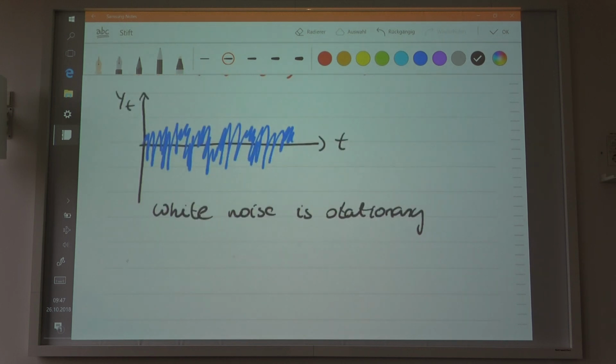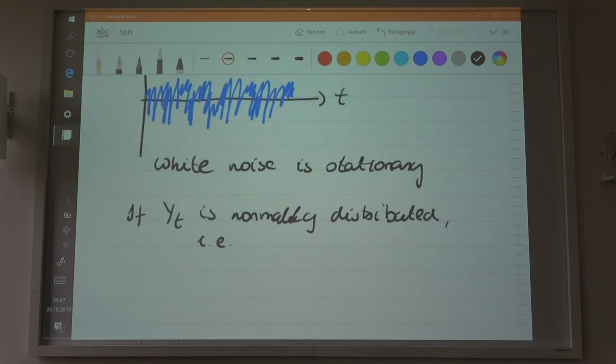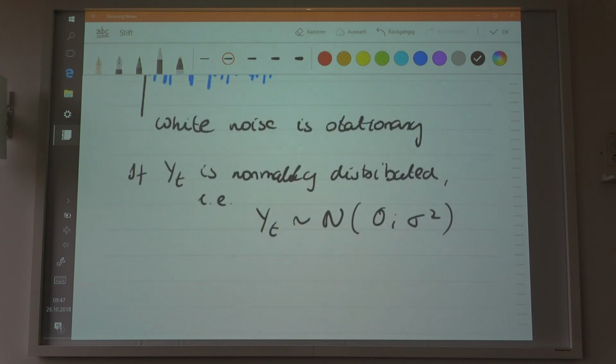Let's say the white noise is normally distributed. So if Y_t is normally distributed, in addition to that. The notation for normal distribution, you've seen this, right? So the normal distribution is denoted as follows. Here you have the random variable that follows the normal distribution. So you say you have capital N, and of course the mean is 0, and the variance is constant, so this is going to be sigma squared. Now if that's the case, then you have the so-called Gaussian white noise.